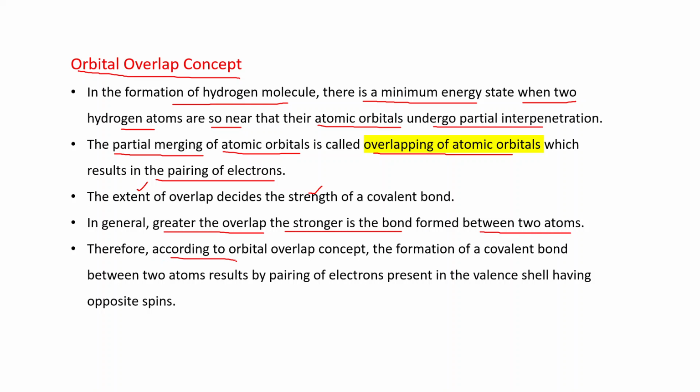Therefore, according to the orbital overlap concept, the formation of a covalent bond between two atoms results from pairing of electrons present in the valence shell having opposite spins.